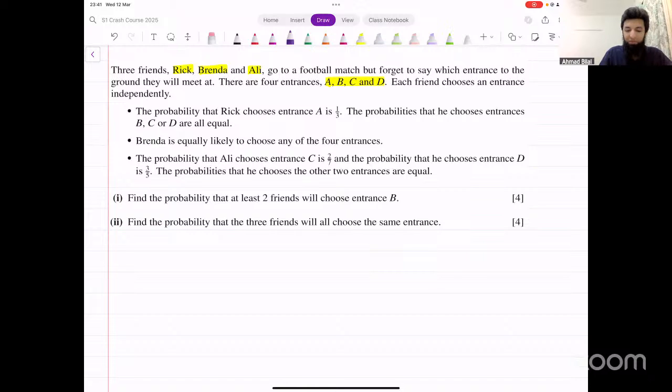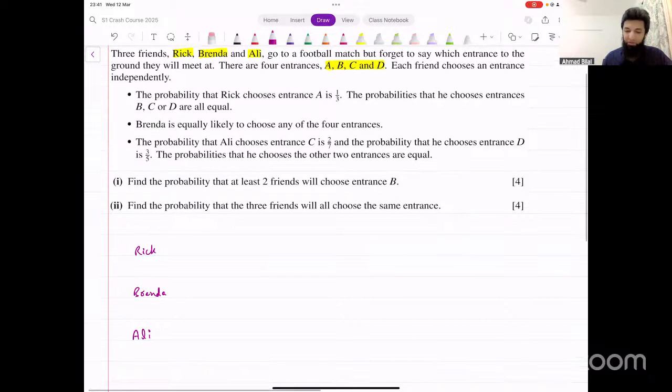So we have 3 people, Rick, Brenda, and Ali. Let's write them down here. So we have Rick, Brenda, and Ali. These are the 3 people that we have.